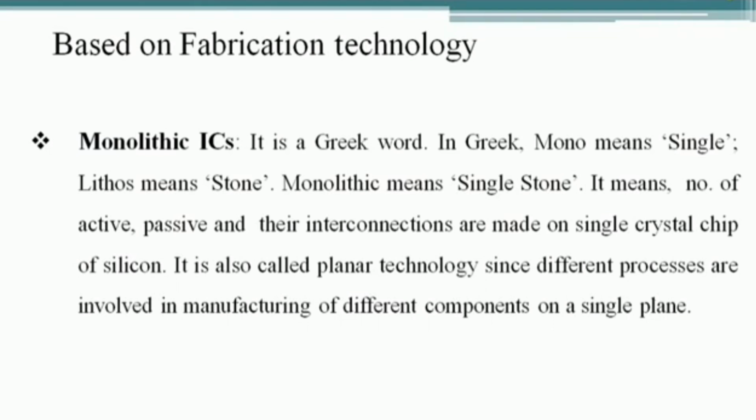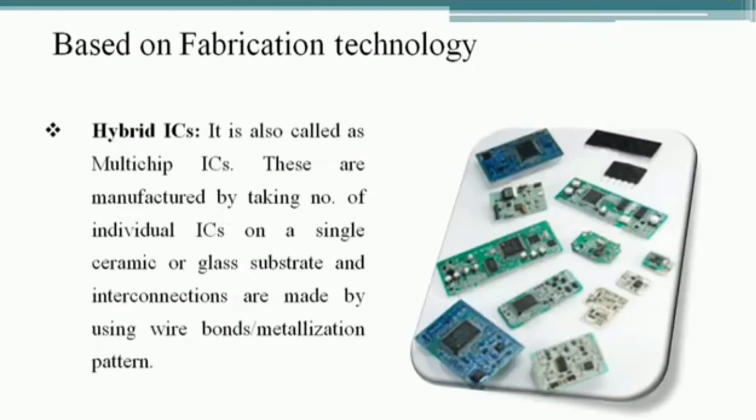We can call the monolithic IC a planar technology, since the different processes involved in manufacturing the different components are done on a single plane. Only one IC is fabricated in a monolithic IC. And the second one is a hybrid IC.